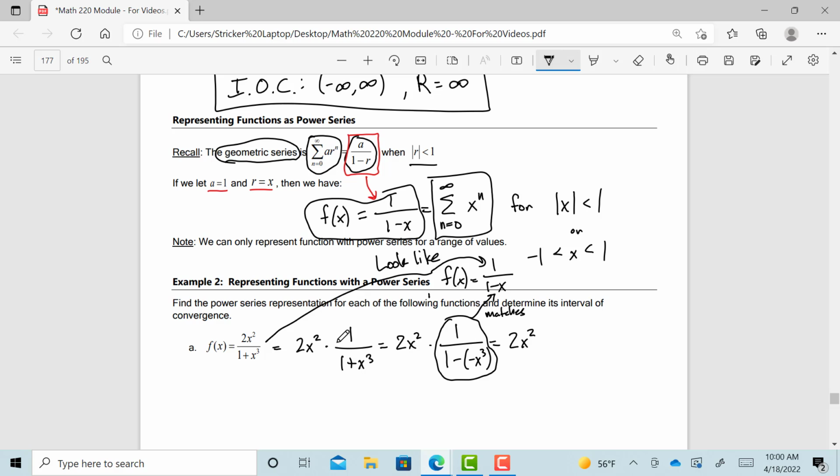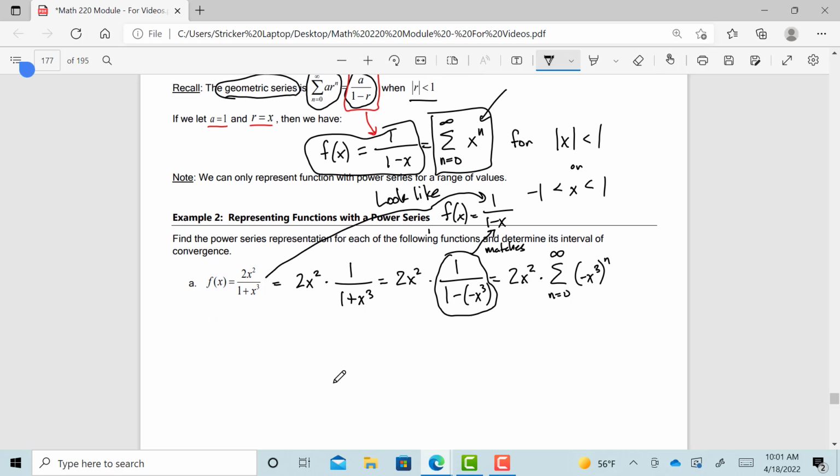Well, how does that change things? The x in our function matches with the x in our power series. So this is times a geometric power series, but instead of x to the n, we're going to have negative x cubed to the n. And that's because we have negative x cubed here instead of x.